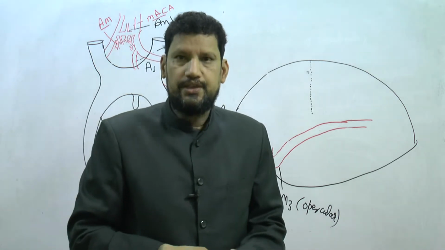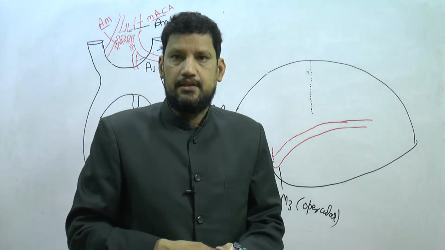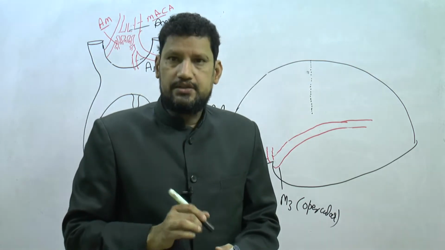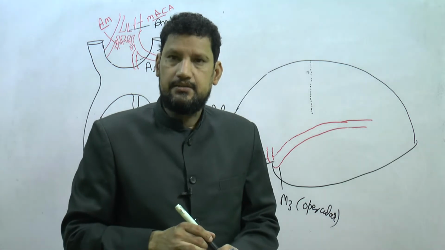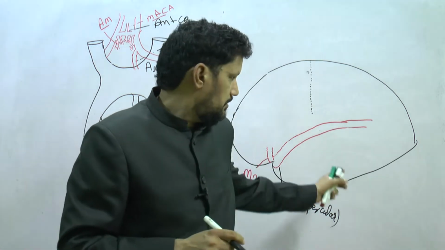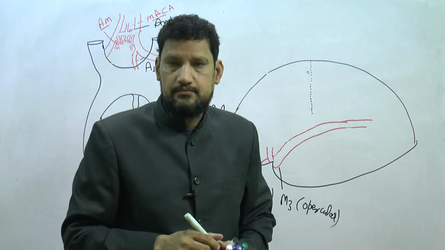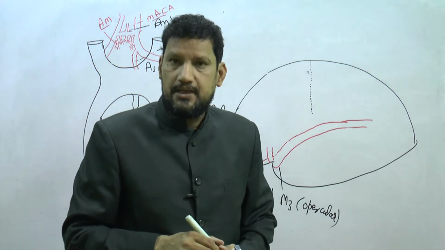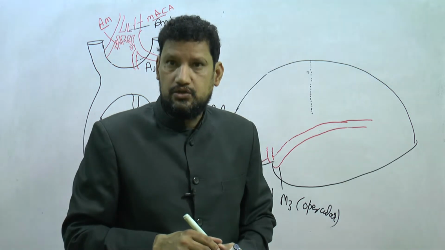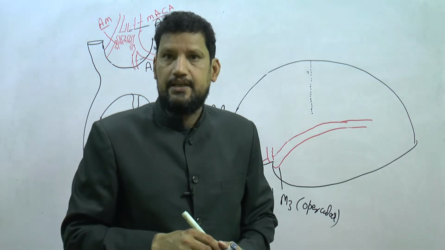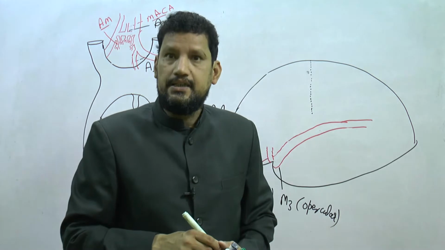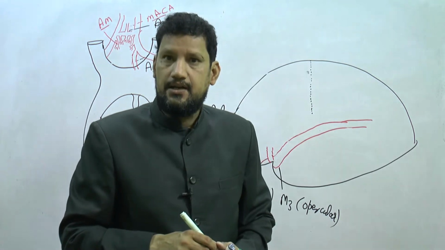So all together 6 or 7 branches arising from the middle cerebral artery are cortical, but some central branches are also arising in same way as we have seen in the anterior cerebral artery.